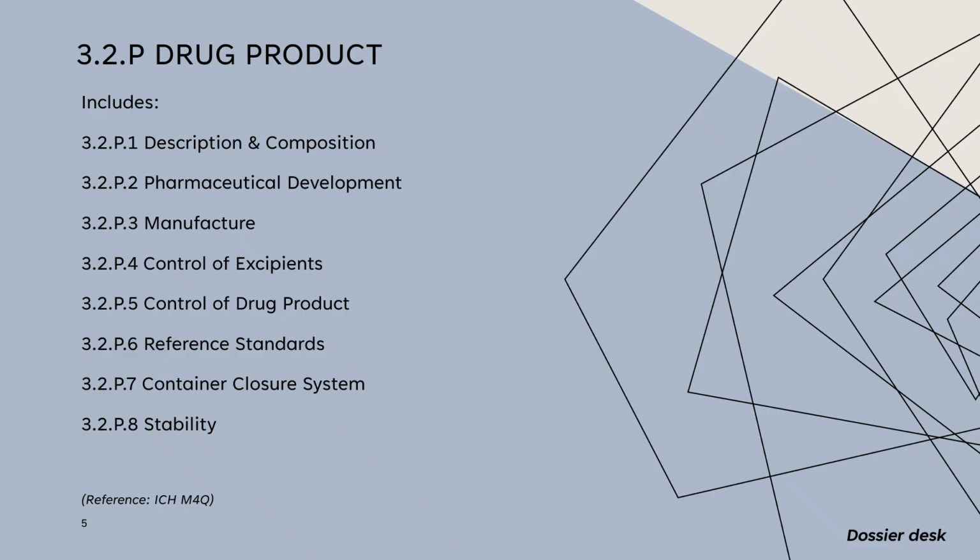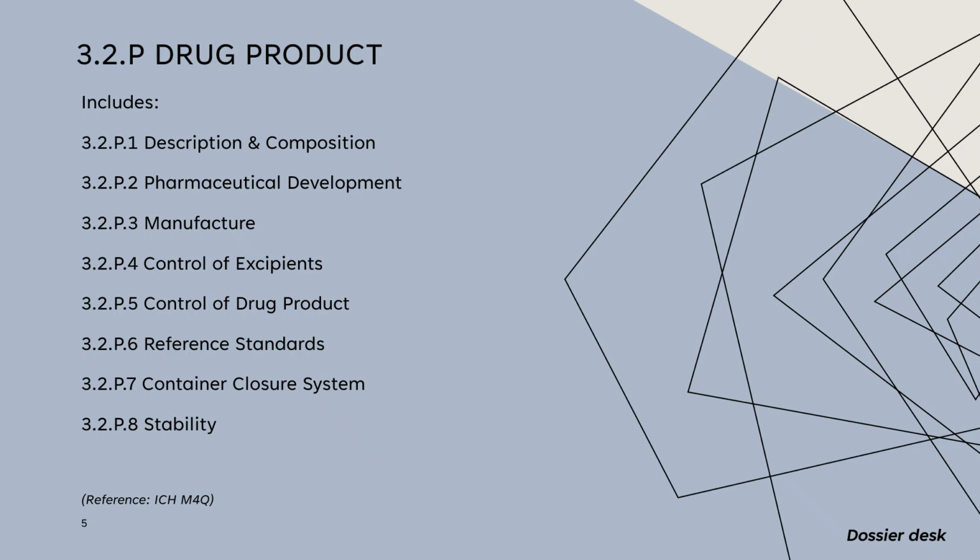Section 3.2.P.3 covers manufacturing process and process validation. Process validation concepts align with ICH Q8 and Q11 where applicable. Section 3.2.P.4 provides specifications and control of excipients.